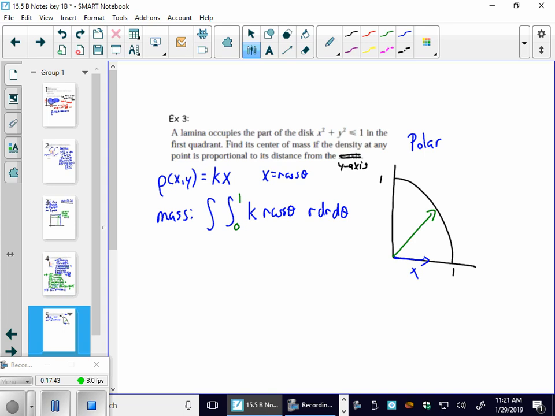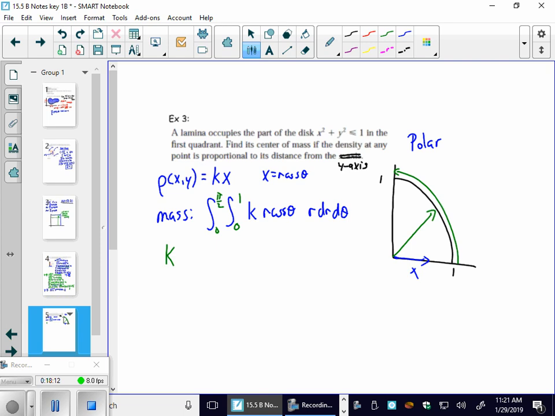And theta ranges from 0 up to a 90-degree angle, which is pi halves. So there's our equation for our mass. And the really wonderful thing about this is we can use Fubini's theorem here. This is completely separable as far as the variables are concerned. So k is a constant. It can be pulled out to the front.